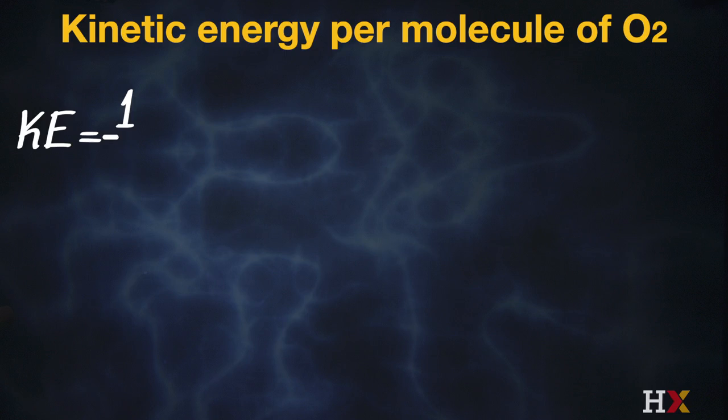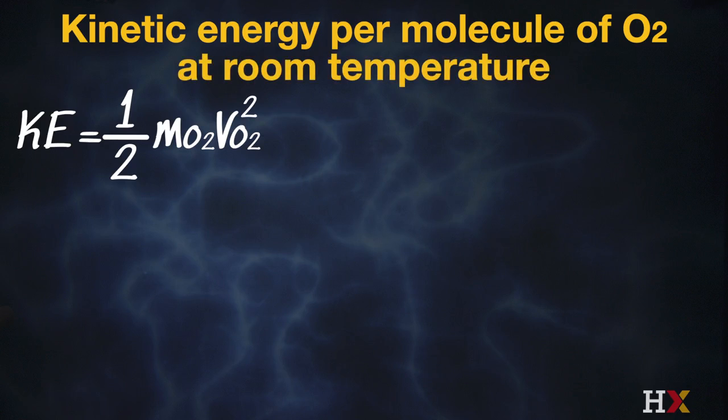That's going to be equal to 1/2 times the mass of an oxygen molecule times the velocity of the oxygen molecule squared, and we'll just assume it's at room temperature because that's typically how we run these experiments. So if I look at oxygen, the mass of oxygen is going to be equal to the number of atomic mass units.